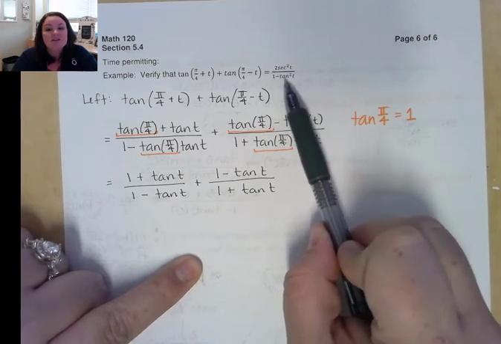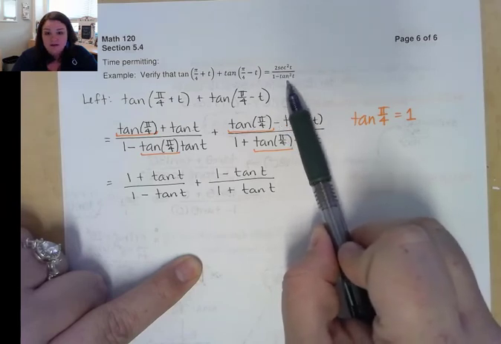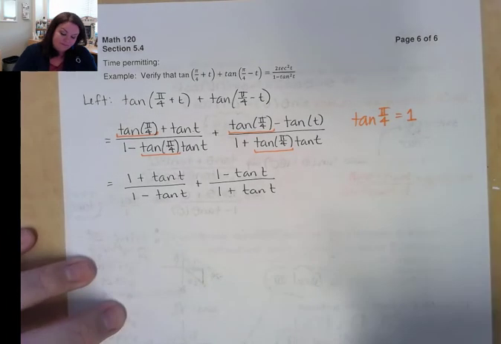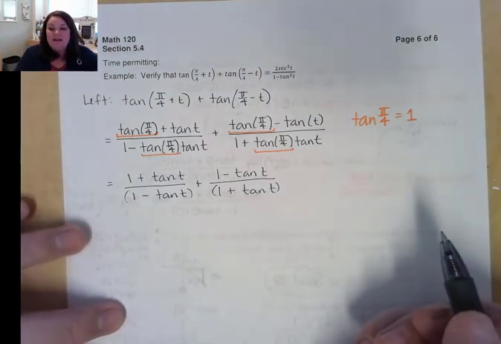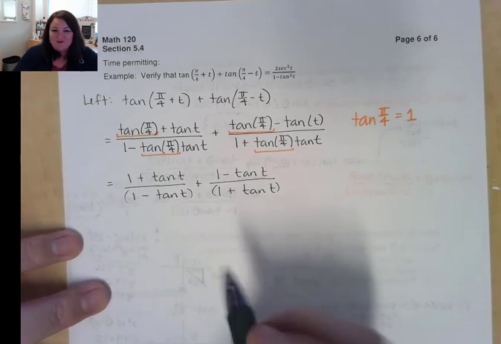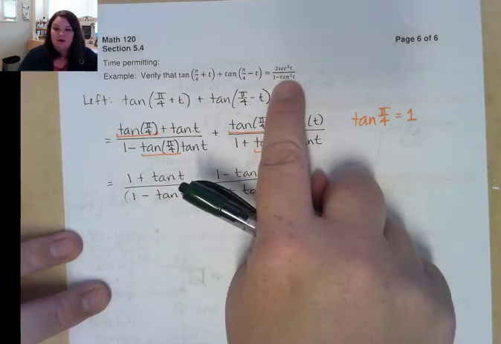This kind of looks like something that would factor into a difference of squares, right? And what I have in the bottom here are two pieces that look very similar to what I would get if I were to factor something into a difference of squares. So what I want to do is build this back up into that type of denominator.